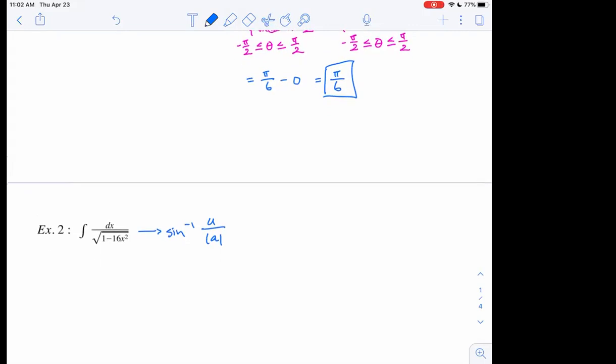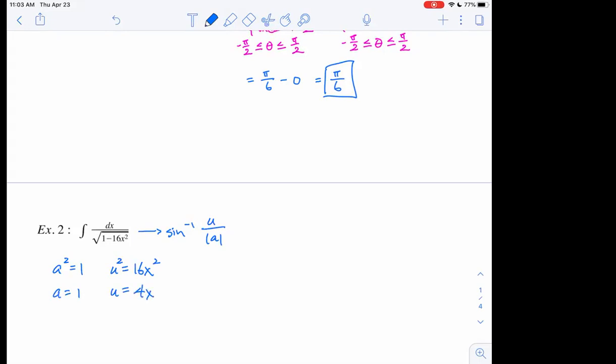All right. So in this case, a squared equals 1. That makes a equal to 1. I just take the square root of both sides. Now I have to find my u. So my u squared is 16x squared. So like I have to take the whole thing. I can't just take part of it. What does that make u in this case? 4x.